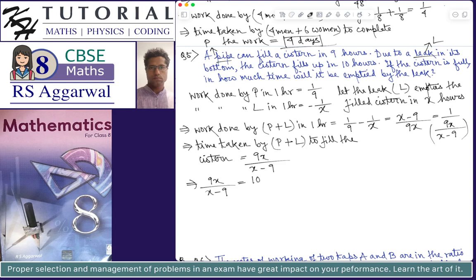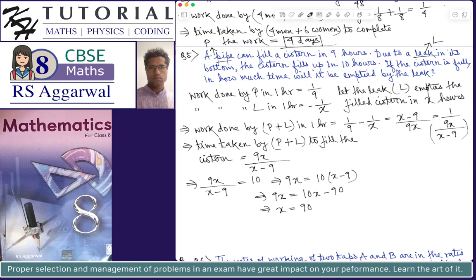This is a linear equation in X. We have to solve it by cross multiplication. This implies 9X is equal to 10 multiplied by X minus 9. This implies 9X is equal to 10X minus 90, and this implies X is equal to 90.